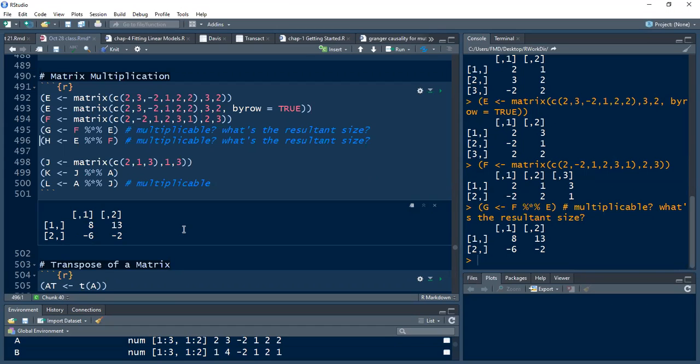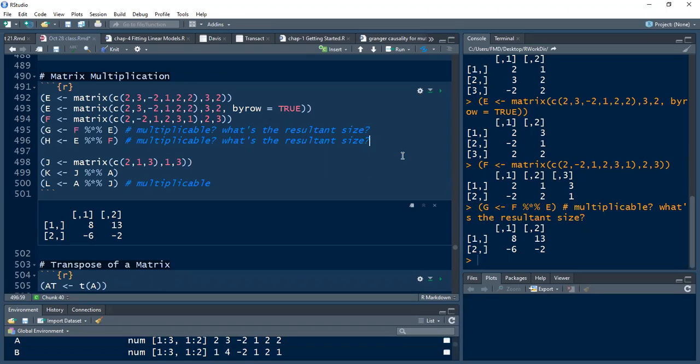Now, how about E times F? Here we're creating an object called H, and then we're matrix multiplying E by F. We expect that the resultant size should be 3 by 3, because E is 3 by 2 and F is 2 by 3. Yes, they are multiplicable, but the resultant size is different from the first matrix multiplication G that we did.